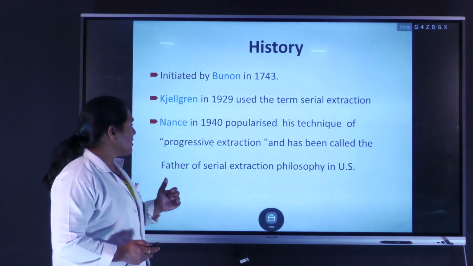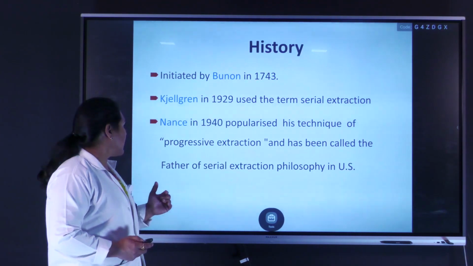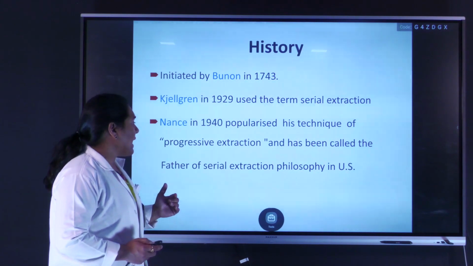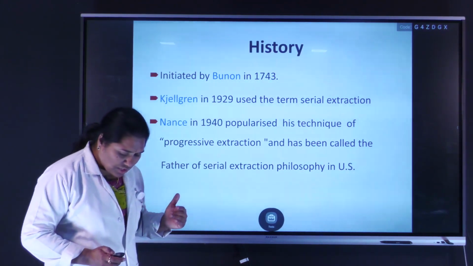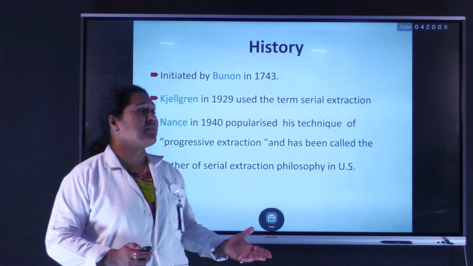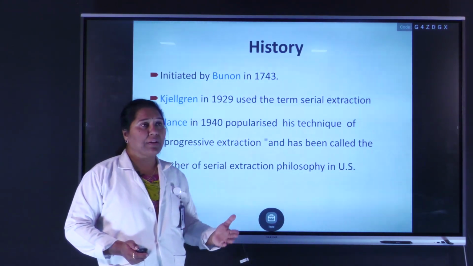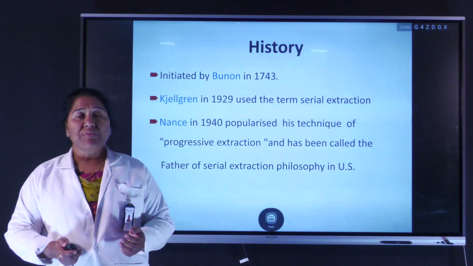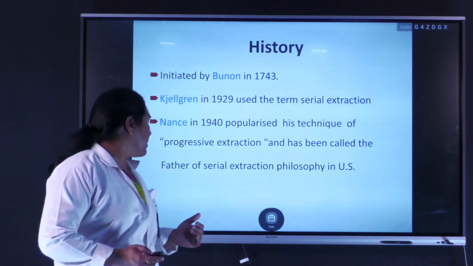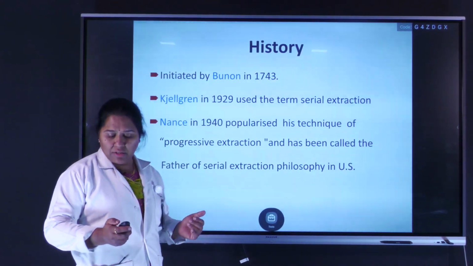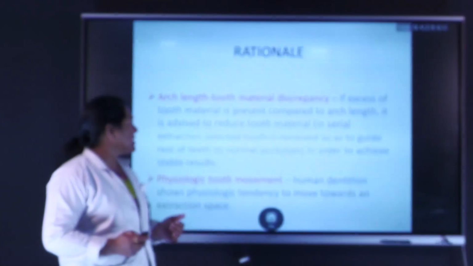Then Nance in 1940 popularized this technique of progressive extraction and has been called the father of serial extraction. So Jelgren gave the term serial extraction, but the procedure was popularized by Nance. That's why he is considered the father of serial extraction philosophy in the US. What is the rationale?